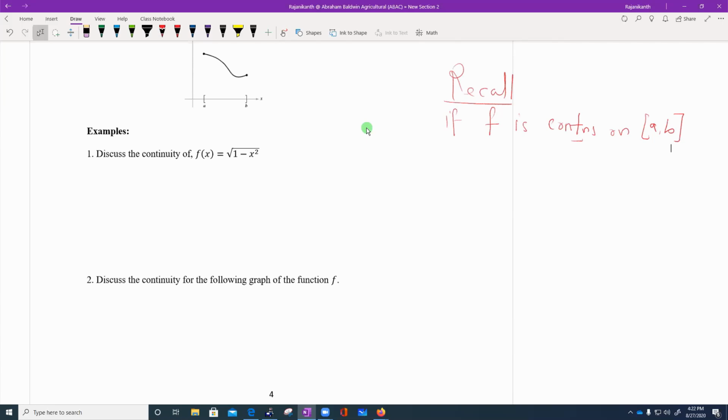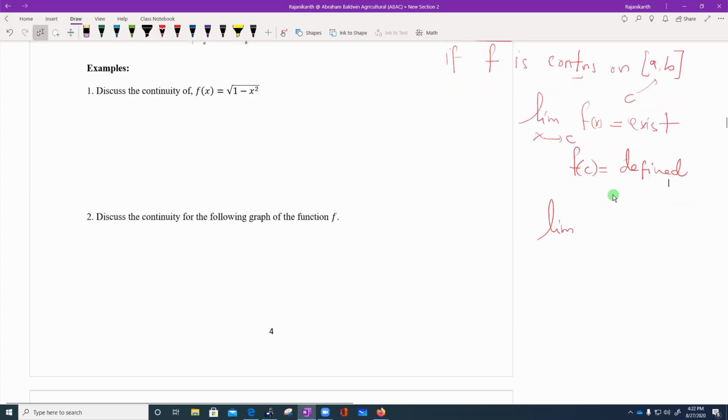That means if you have one point in this interval, say a point C, and the function is continuous at that point, that means the limit as x approaches C exists, and f(c) is defined, and the limit as x approaches c of f(x) should equal f(c).